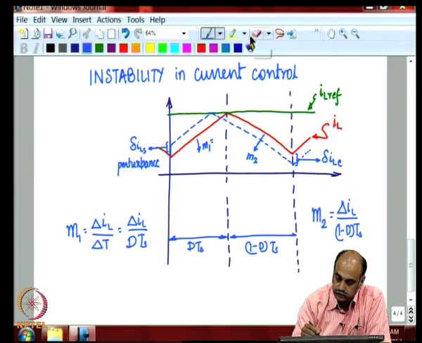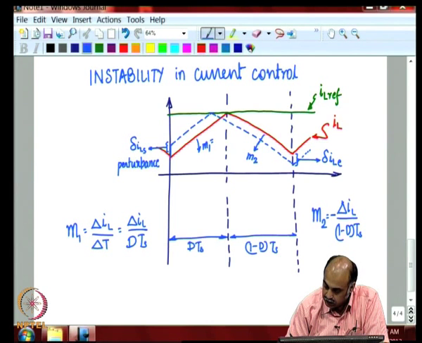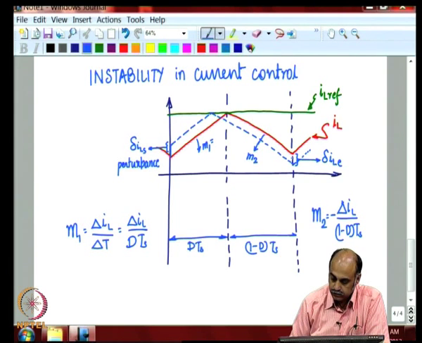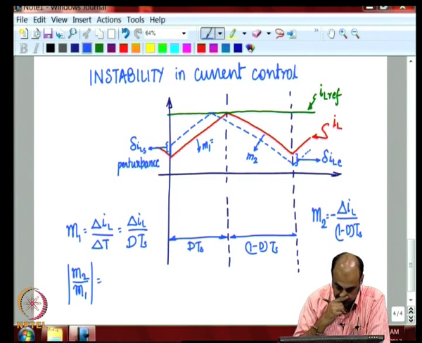And of course, there is one other term which will come in, which is the negative sign, because this is a falling slope. Now, if you take the ratio of m2 to m1 and take the absolute value, modulus, so that the negative sign does not come into the picture, you have d by 1 minus d.